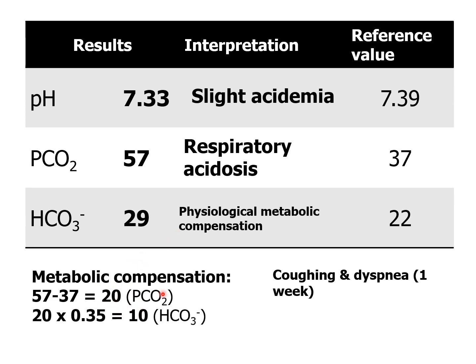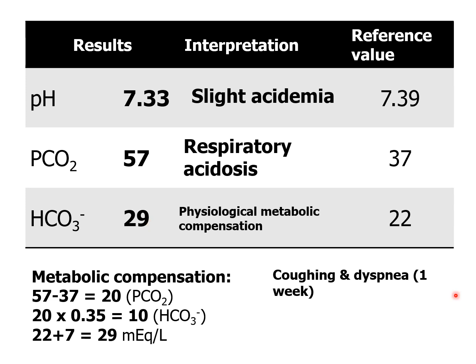And for the bicarbonate, we have 29. So 29 is higher by 7 compared to the reference value. So 22 plus 7 is 29. So the difference is 7 milliequivalent per liter.